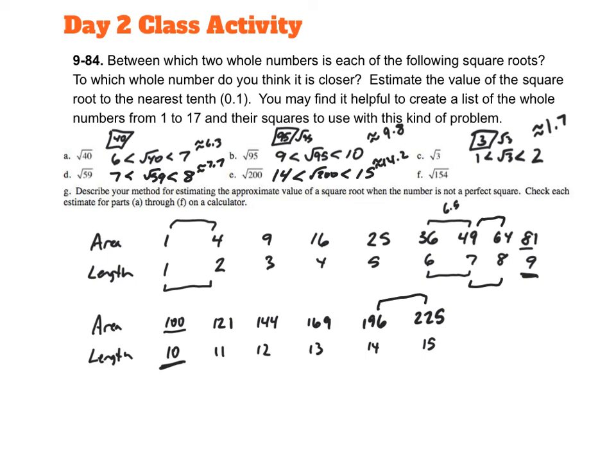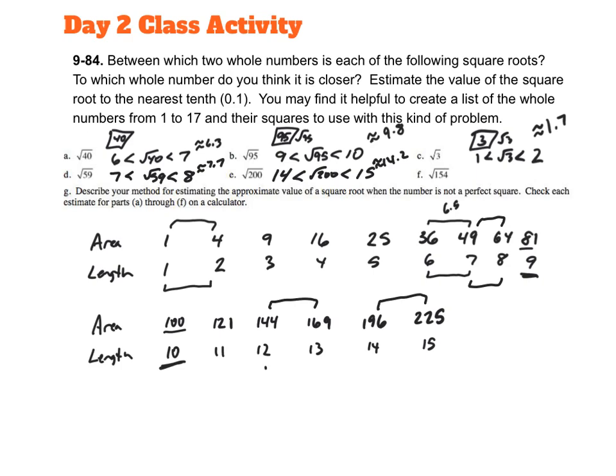So we'll check that out. 14.2 squared. I get 201.64. Not bad. Moving on. 154 as an area for a side length of square root of 154.